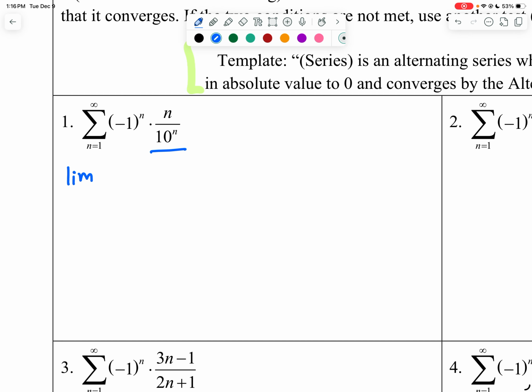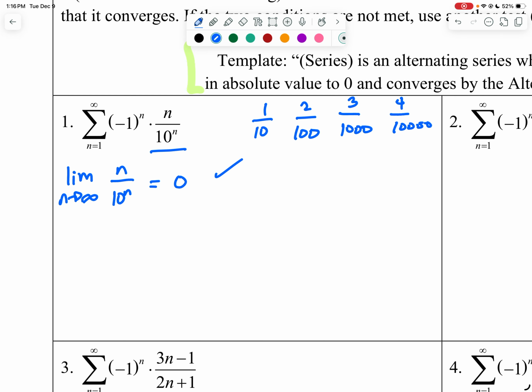So we have the limit as n approaches infinity of n over 10 to the n, and lucky for us, that's just 0. Now, do we know if the terms are decreasing? Well, if you just look at what's happening here, it kind of looks like the terms are decreasing. So the limit approaches 0 and the terms are decreasing.